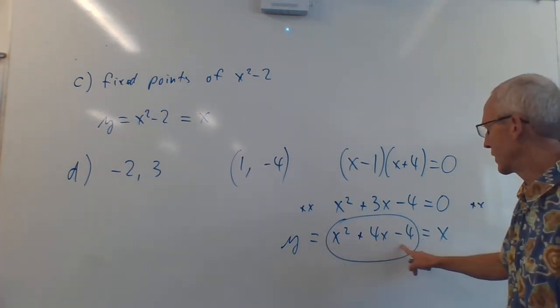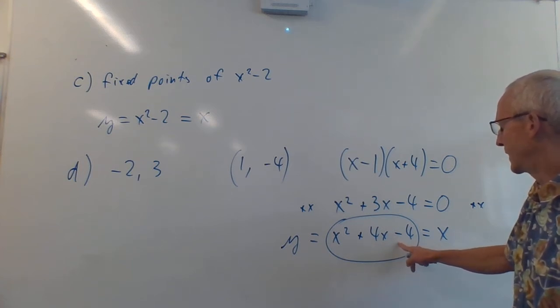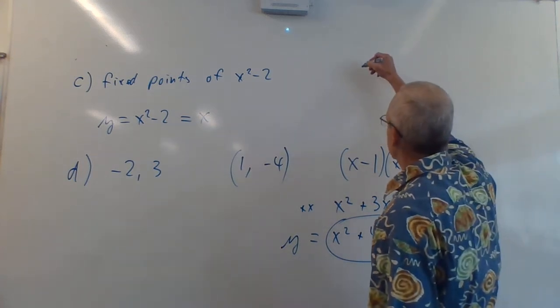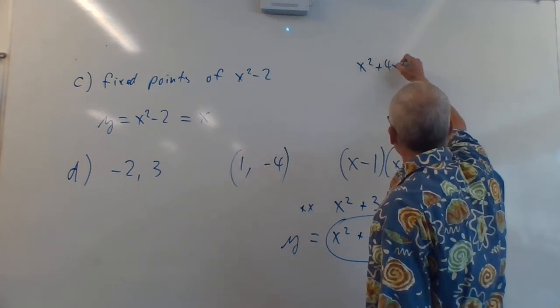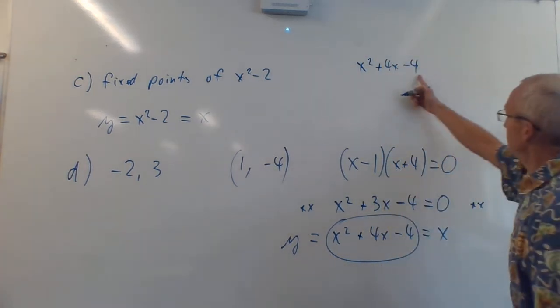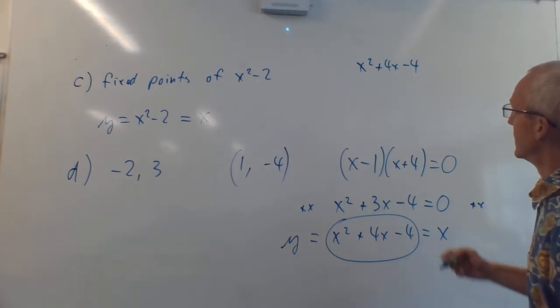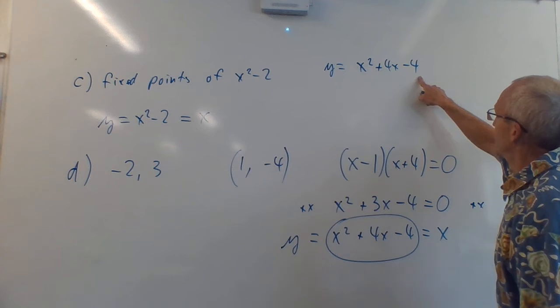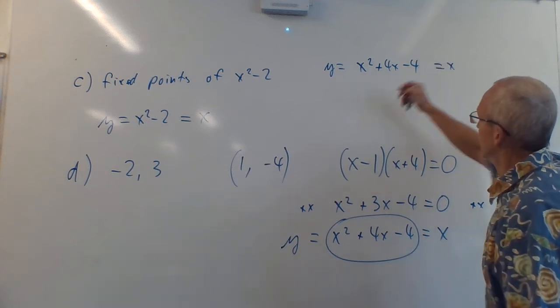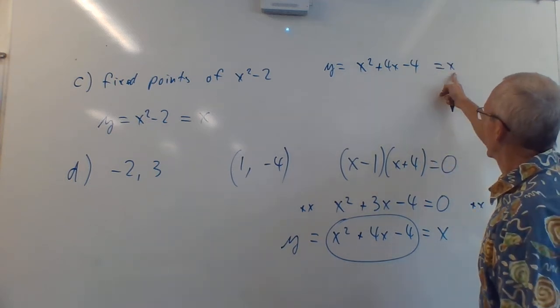Okay, let's try and make sure it works. Let's say they asked us, find the fixed points of x squared plus 4x minus 4. Okay, what are the fixed points of that function? So this is equal to y. We want to know the fixed points of that function, so we set it equal to x. We want to know when y is equal to x.